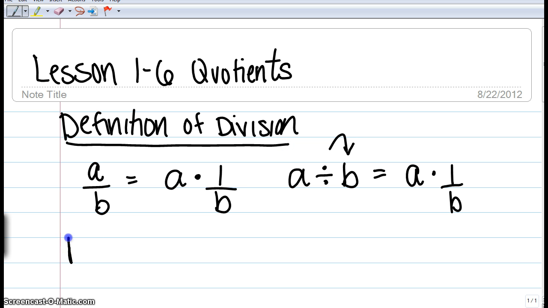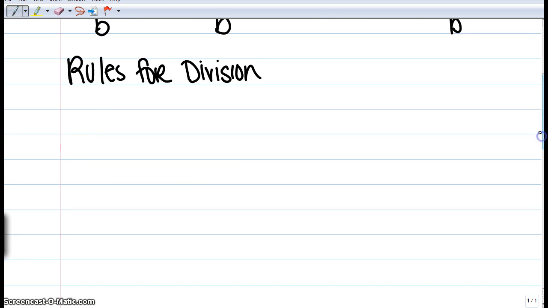You also have rules for division. If you have a positive number divided by a positive number, you have a positive.